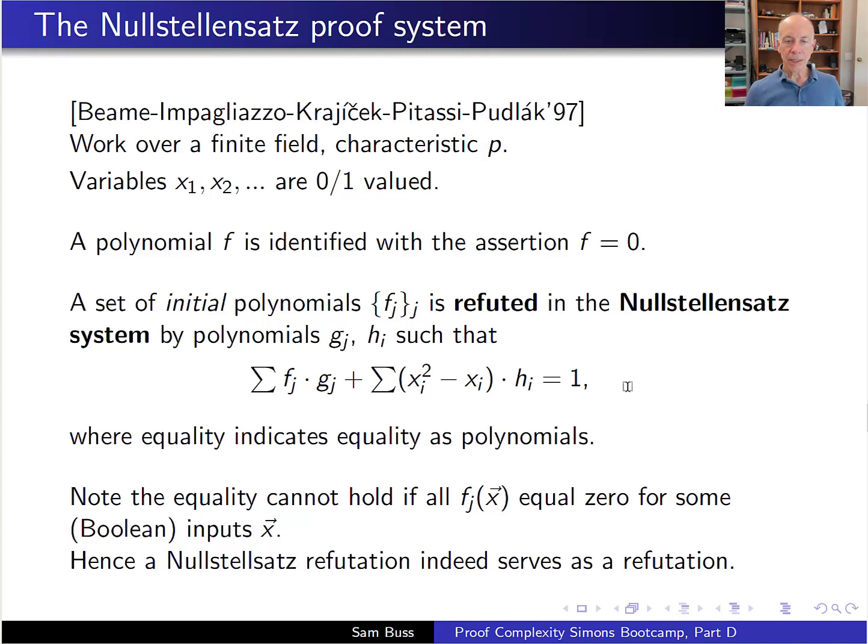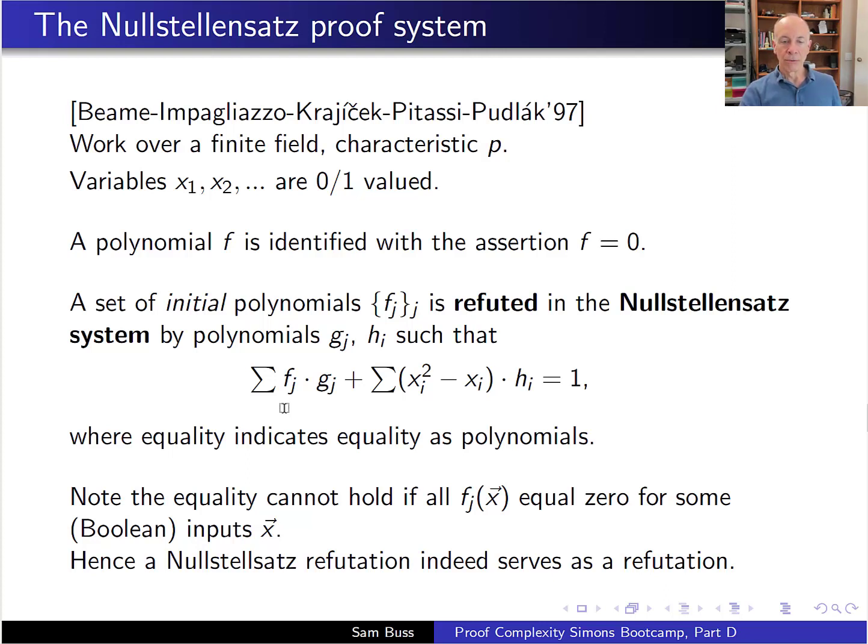And this equality, so the values xi take on values 0, 1. So for xi equal to 0, 1, we certainly have xi squared minus xi equals 0. And if this equality holds, there's no way to set the values of x1, x2, x3, etc., so that the fj's are all simultaneously equal to 0. Because if there were such a way, then the left-hand side would be equal to 0 for those settings to the variables xi, and the right-hand side, of course, would be 1.